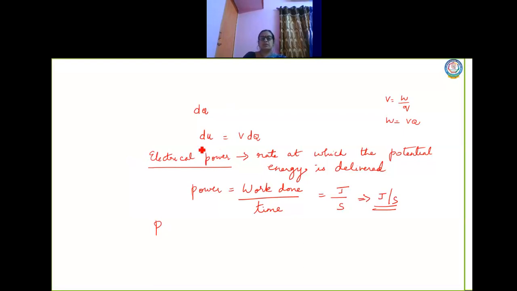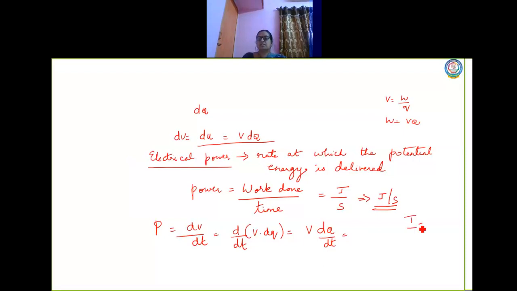Now here we have the formula, dU is equal to V into dq. So power is dU by dt, or d by dt of V into dq. Take V out, you have dq by dt.